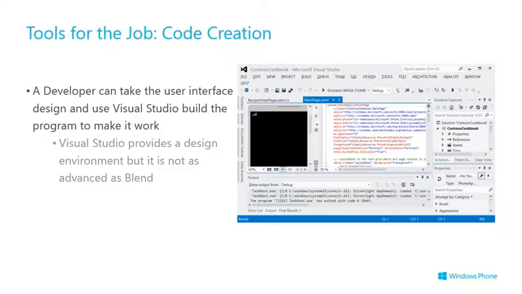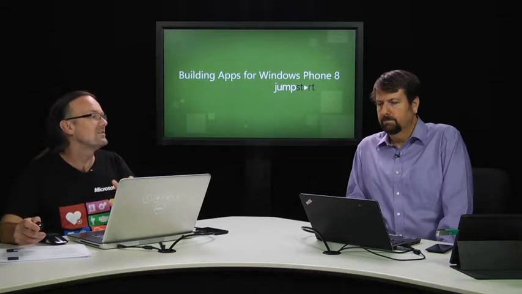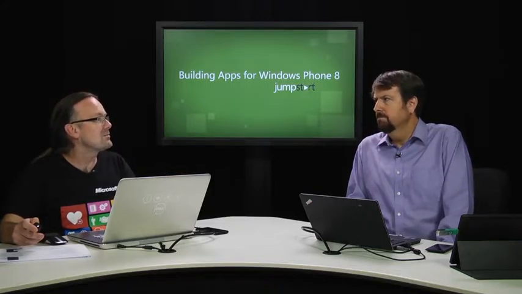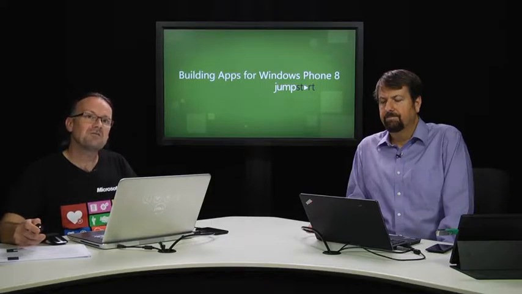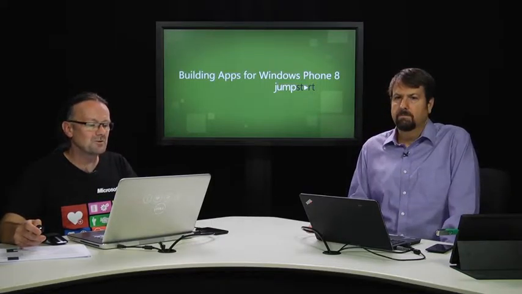Because they were actually looking at what developers were doing and seeing this kind of switching that was going on, so they eliminated that for certain tasks. There's other things you are always going to need to do in Blend, such as rich animations. Definitely. Yeah, that sort of thing. But some of the simpler stuff that you used to have to go to Blend for, you can now do in Visual Studio.